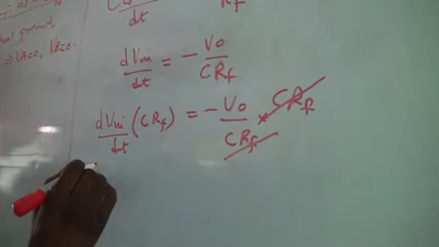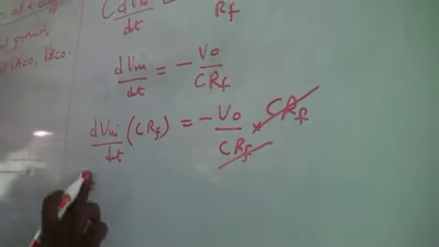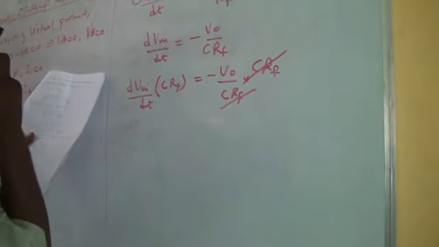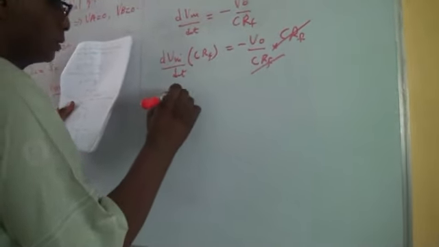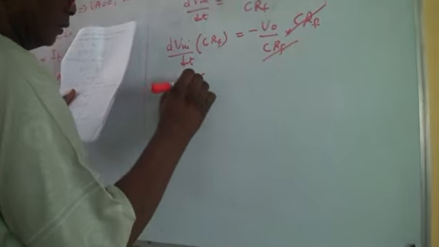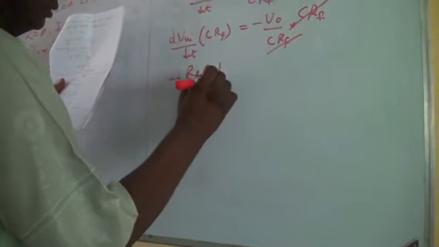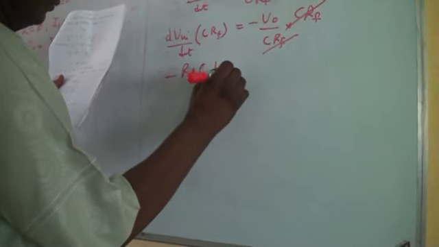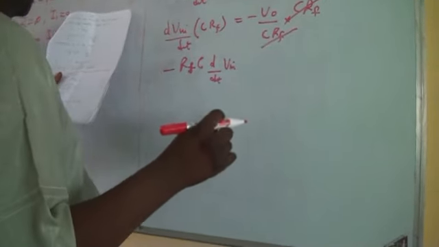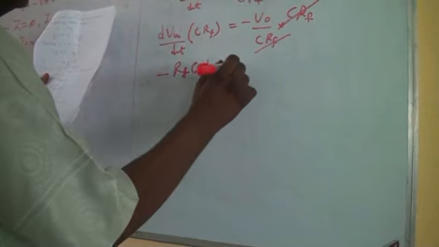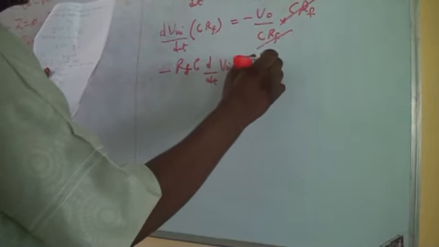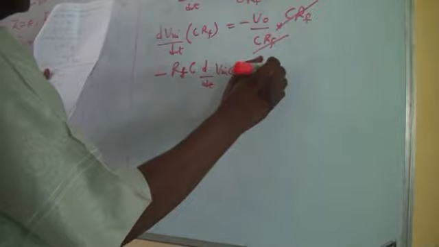This will give you minus RFC, the C is bigger, please, d over dt V in equals V naught.